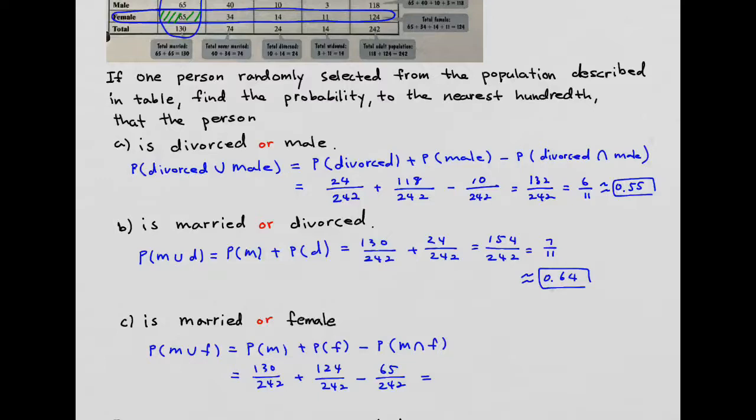And when you do the adding and subtracting on the numerator, you get 189 over 242. And when you divide those numbers to get the decimal solution, you get 0.78.